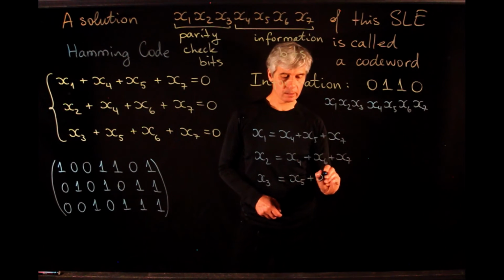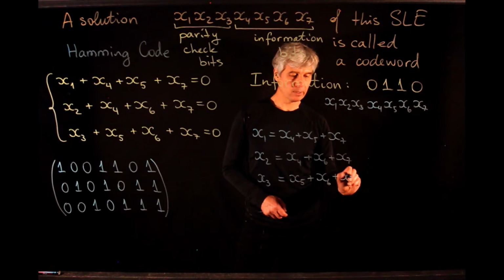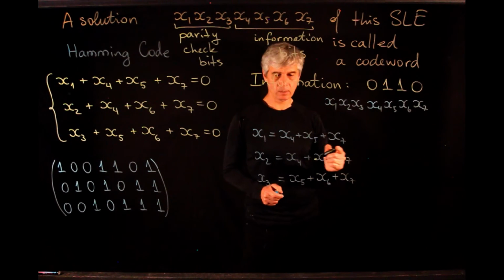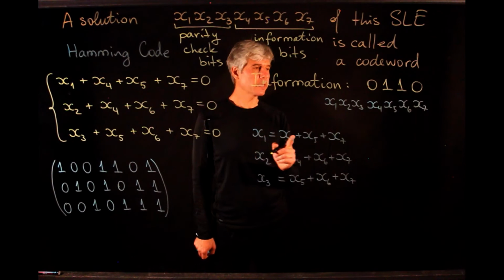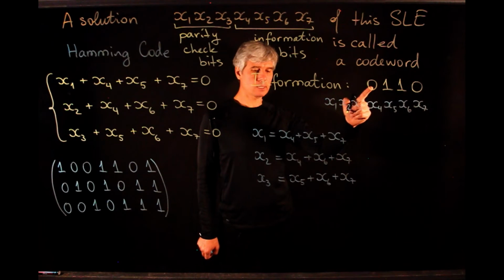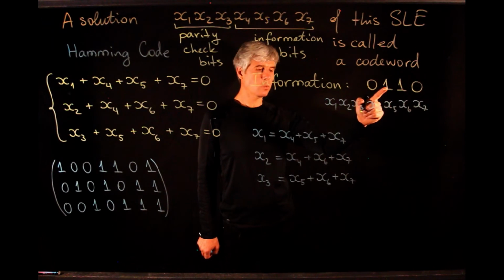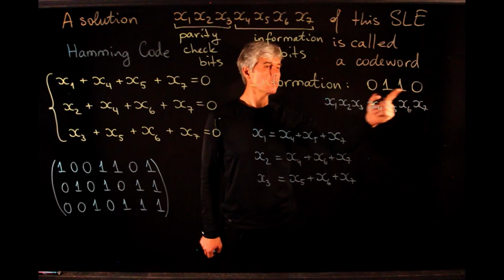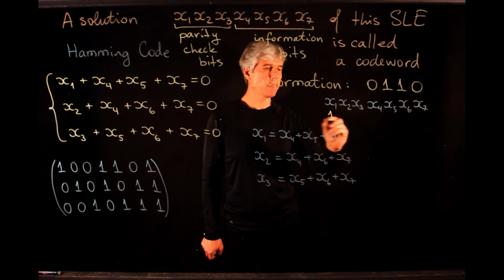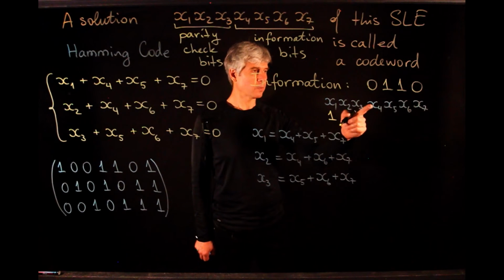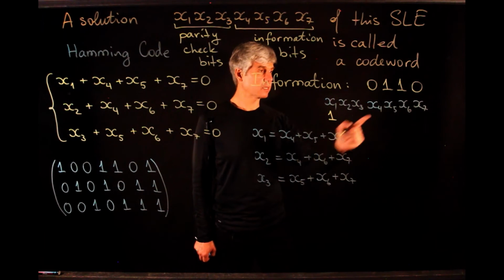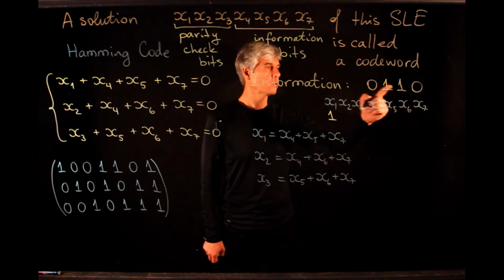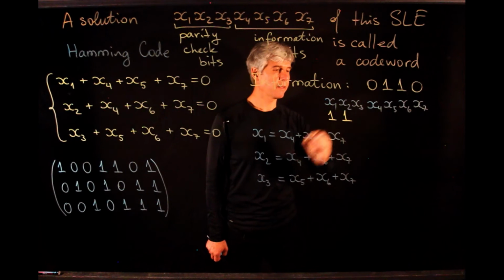plus x6 plus x7. So the values of these bits will be: x1 is x4, that's 0, plus x5, that's 1, plus x7, that's 0, 0 plus 1 plus 0 is 1. x2 is x4, which is 0, plus x6, which is 1, plus x7, which is 0, 0 plus 1 plus 0, that's 1 again.